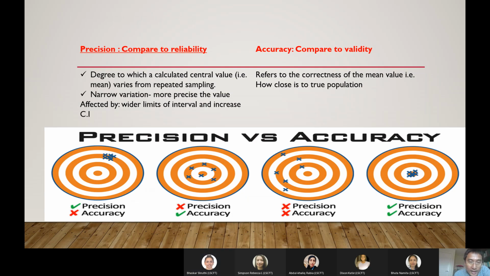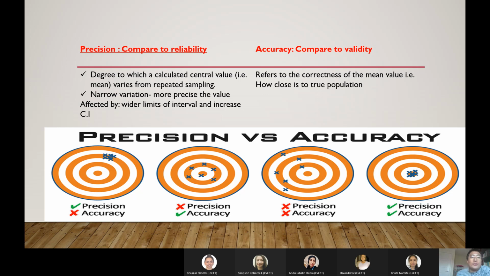Compare reliability and accuracy. Reliability, in other words, is precision. Precision means how close the individual studies are to the central value. Accuracy is validity, how close they are to the center.